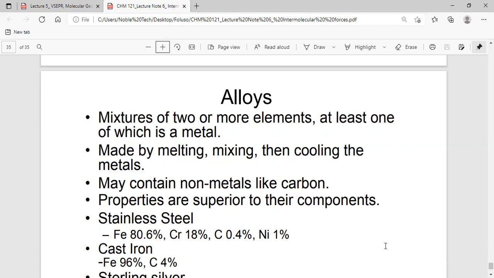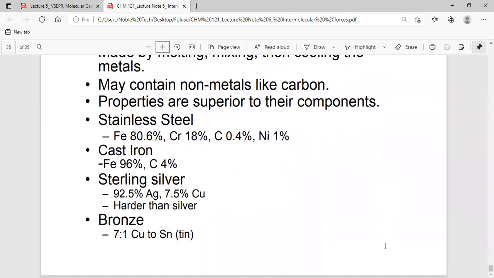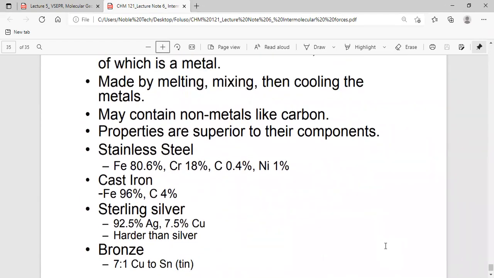Alloys are made by melting metals together, and in some cases they may contain non-metals. You have alloys with two or three different metals, or a metal and a non-metal, and the like.